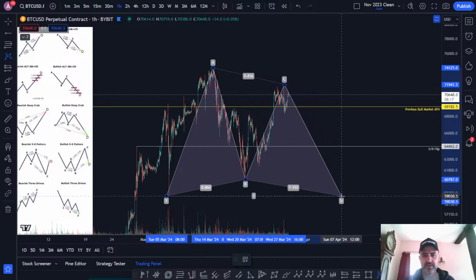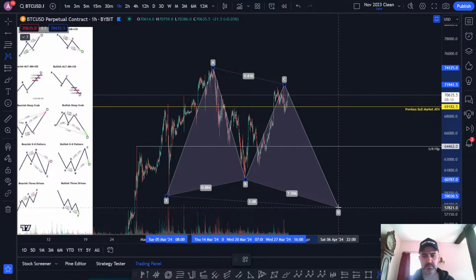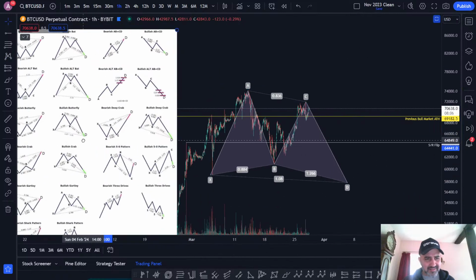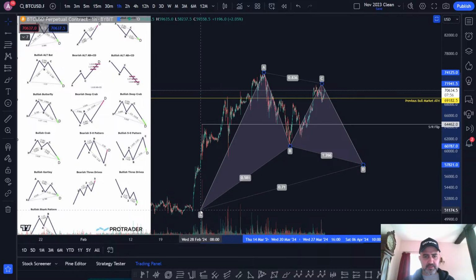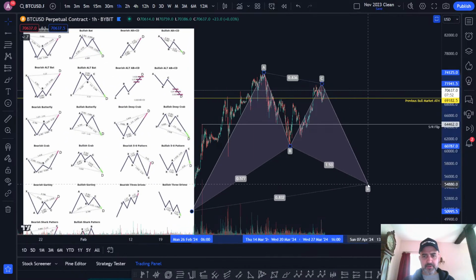Let's just say that's your pivot. The reason I had a problem with that was because I didn't like how deep it was. That's why I did it lower down here before. But that would require us to go much lower.